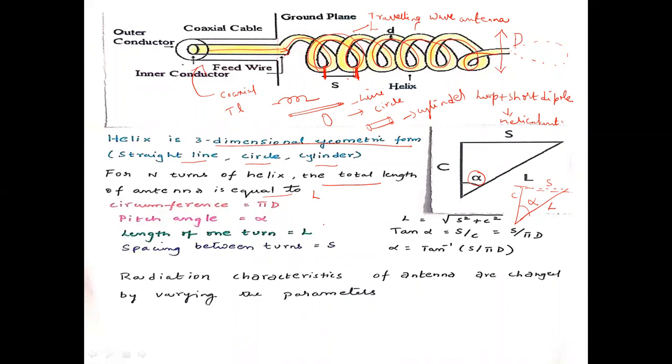So here you can observe the length of a turn is referred to as L, spacing as S, pitch angle as alpha, and circumference as pi d, right? So the radiation characteristics of the antenna are changed by varying these parameters. Depending on these parameters, the polarization also can be decided, whether it is circular polarization or linear polarization. Okay.